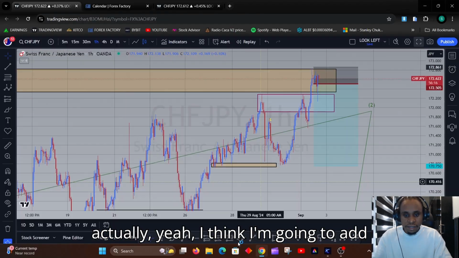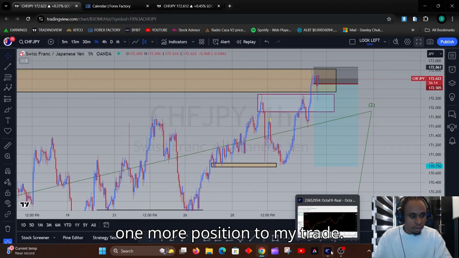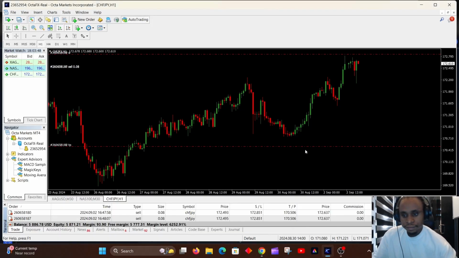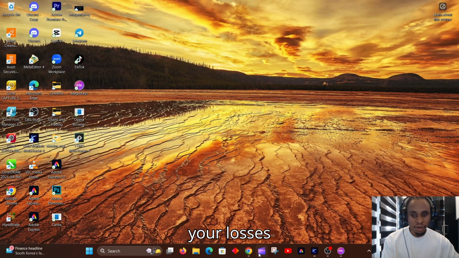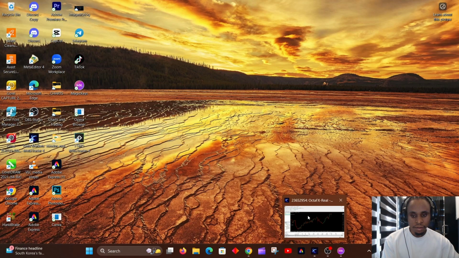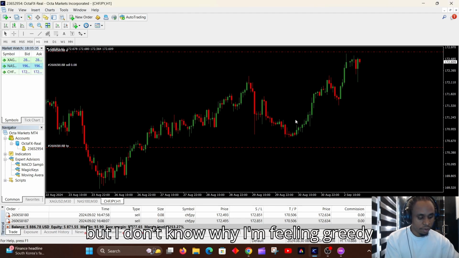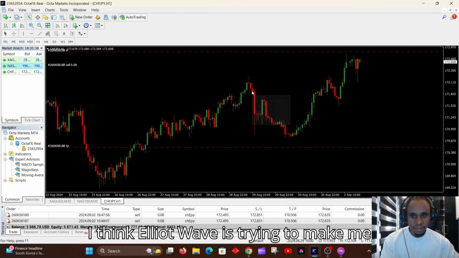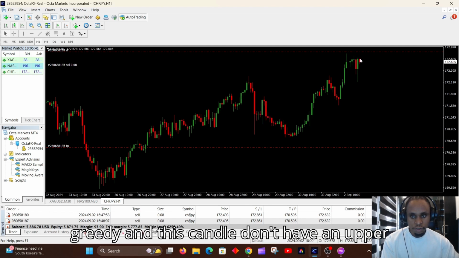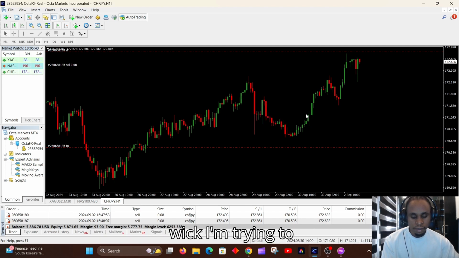So actually, I think I'm going to add one more position to my trade. I'll double trade, though it's not good adding to your losses, but I don't know why I'm feeling greedy. I think Elliott Waves is trying to make me greedy, and this candle doesn't have a upper wick.